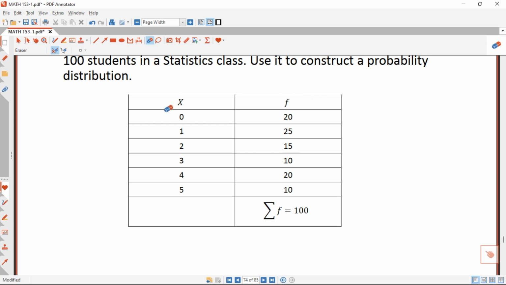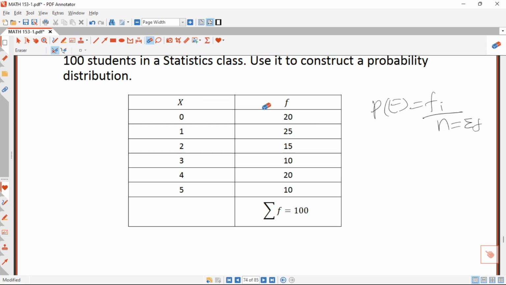So this is a typical example of empirical probability, where the probability of an event will be equal to f sub i divided by what? N. And this n can also be equal to the summation of f. You get it? So if you want to calculate the probability, you know that our total is 100. If you want to calculate the probability for x equal to 0, this is our frequency, right?